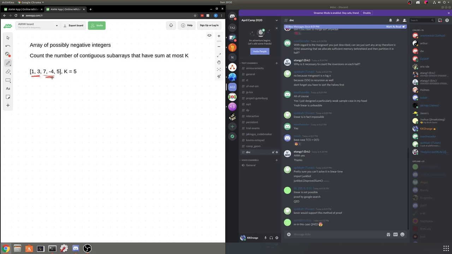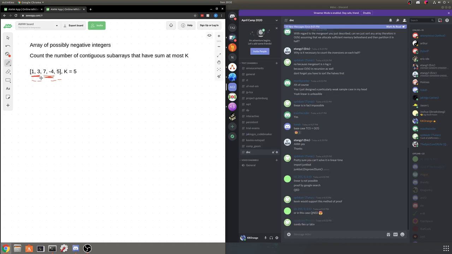This subarray as well. Yep. And all of these subarrays of size 1, but not that one. And I think that's it. So in this case, there would be 6 subarrays.